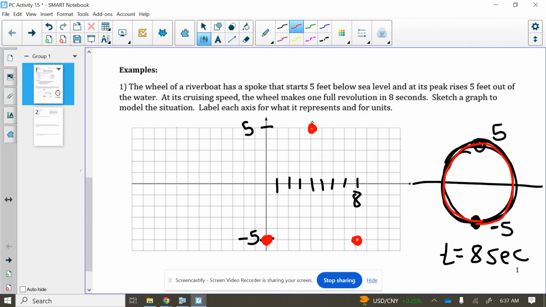Halfway through is when we would hit our peak, so 4 seconds in, and again we sketch through, something like that. And as the wheel on the boat goes in its circle, we would see, for instance, 12 seconds in, the next cycle of our graph be up halfway through, and then repeating that cycle through.